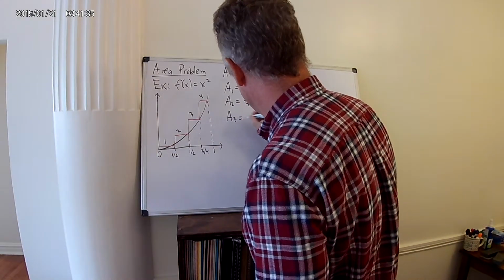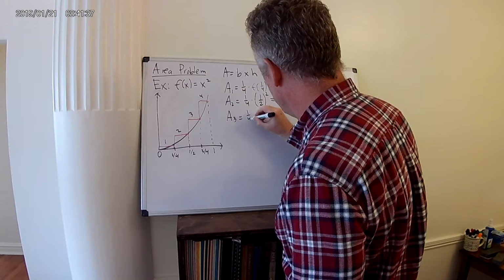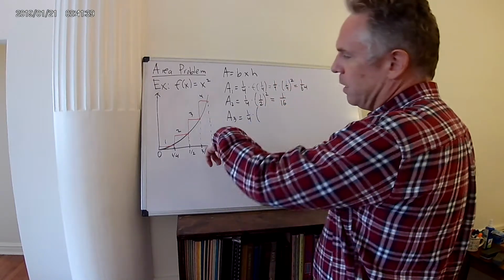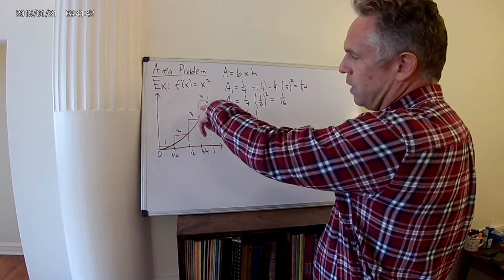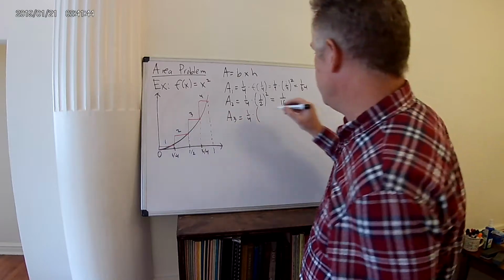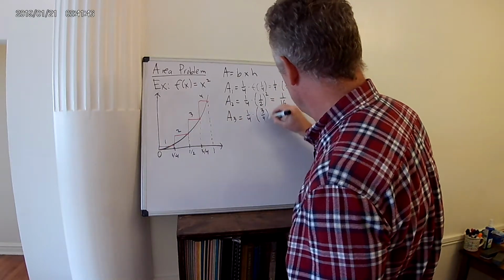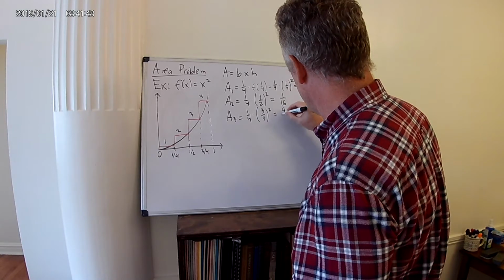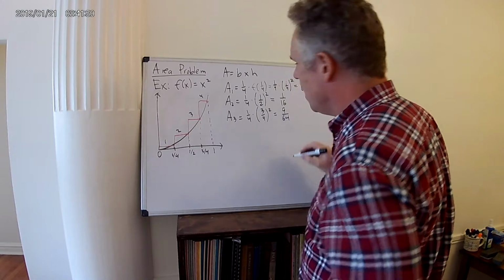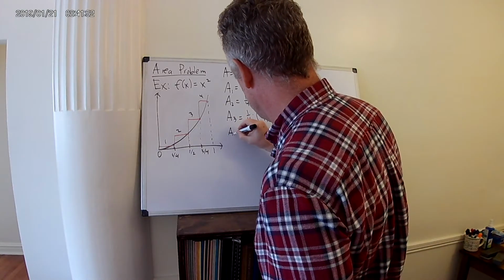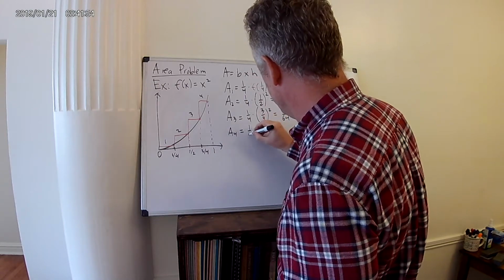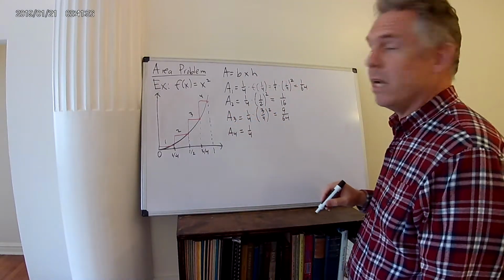And then the area of the third rectangle, same width of 1/4. In this case, I'm going to plug in x equals 3/4 to get the height of this rectangle. And so this is 3/4 squared, and this gives us 9/64. And then the final rectangle has a width of 1/4, and I plug in x equals 1 to get the height.